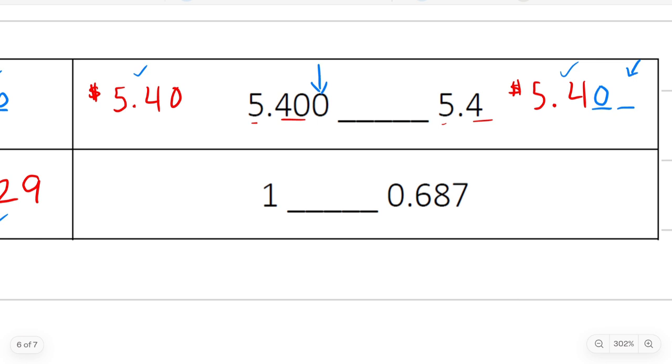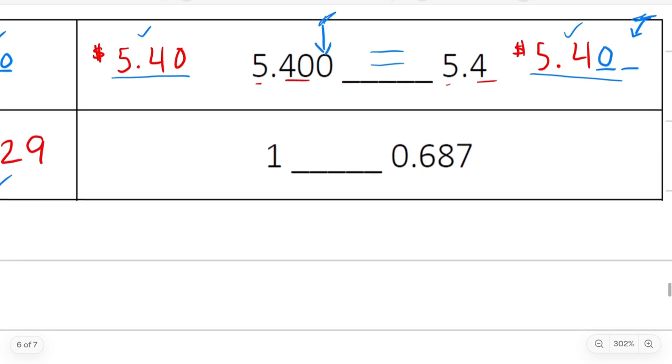But really, that means I have 0, just like I have 0 here. So then on both sides, I have a 0. So then I don't even need my thousandths place. I already found my answer. $5.40, $5.40. That means these two are equal.